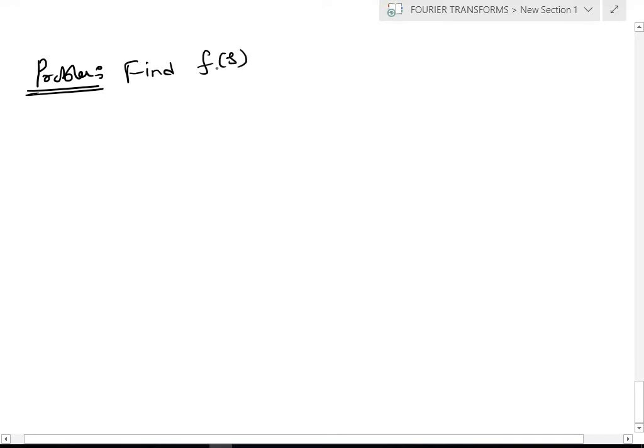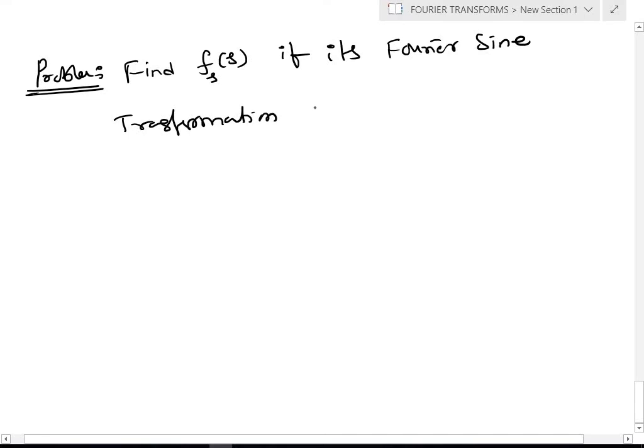Find f of x, if its Fourier sine transformation is s divided by 1 plus s square.